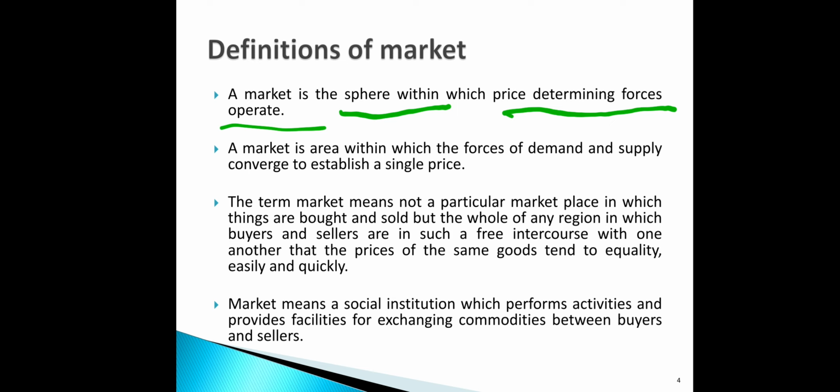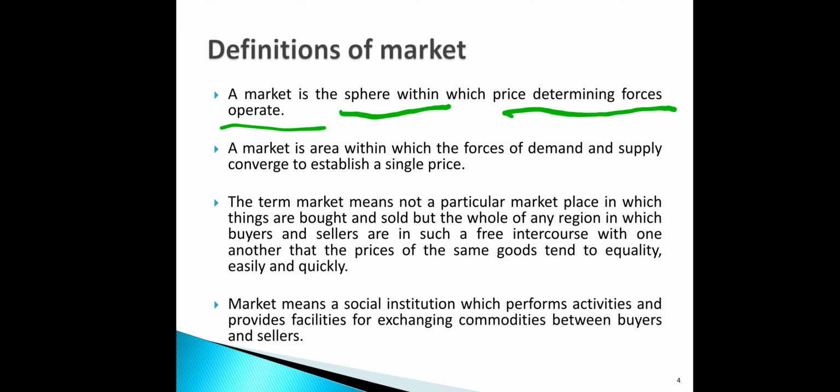Demand and supply are the two forces which determine the price of a product. So we can say a market is a sphere where the price determining forces, that is demand and supply, operate. That is the first definition of market.